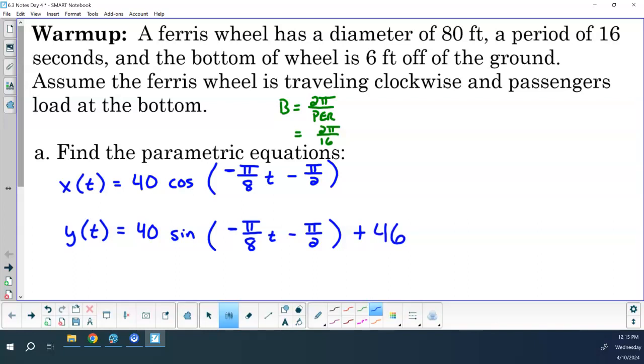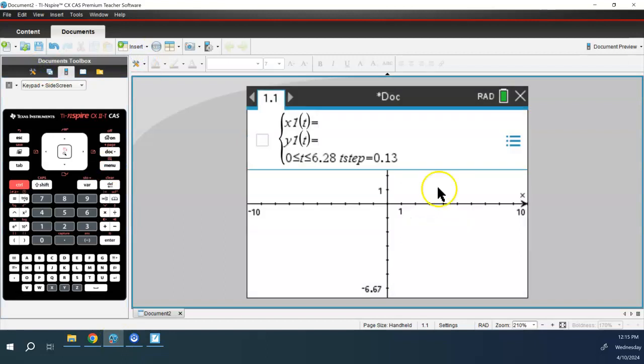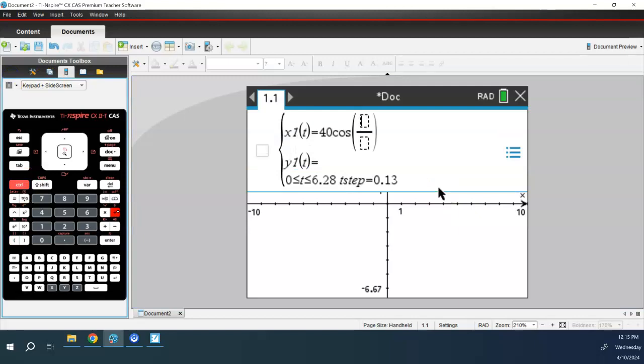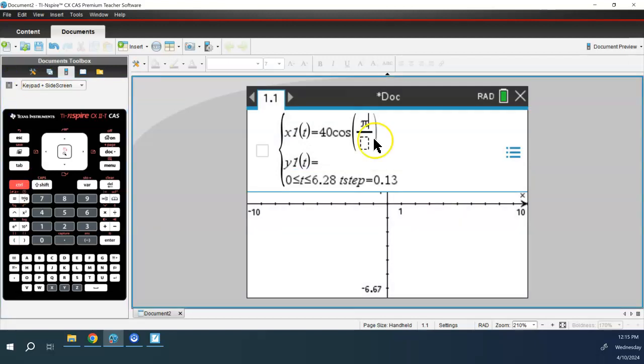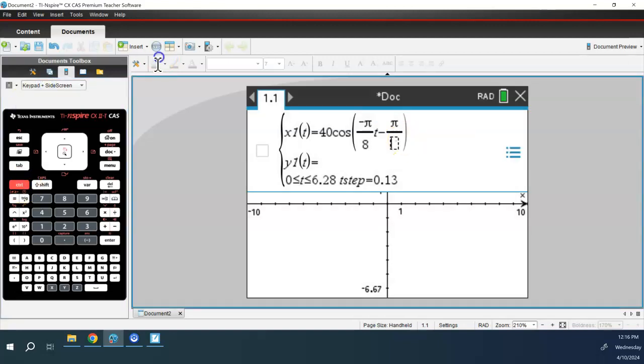Agree with those? All right, let's graph. What did I say? 40 cosine of negative pi over 8 t minus pi over 2.